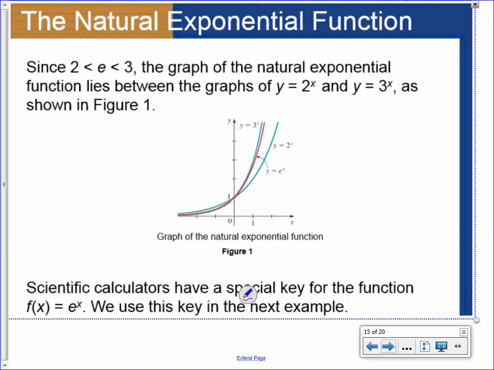Okay, now, often we will use what is called the natural exponential function, which is just f of x equals e to the x power.